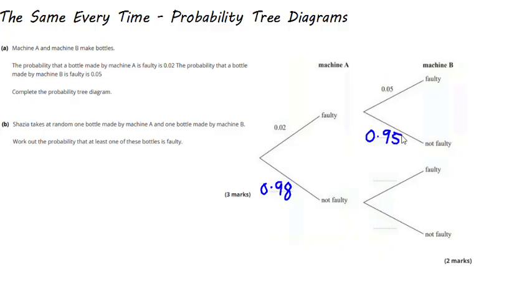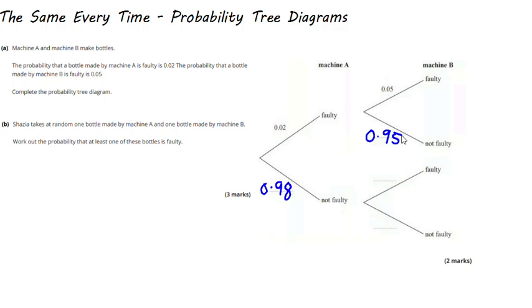So the pairs of branches that are next to each other have probabilities adding up to make 1. And since the probabilities are given to us as decimals in this case, I'm going to write my answers as decimals. Now I've done that, I can go back and start to read the question.